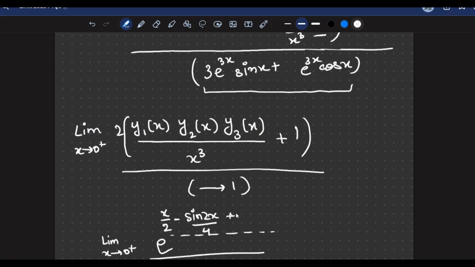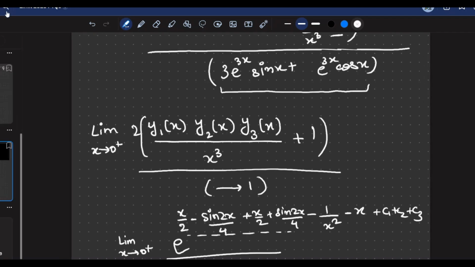Plus x by 2 plus sine 2x by 4, plus minus 1 by x square minus x plus c1 plus c2 plus c3.